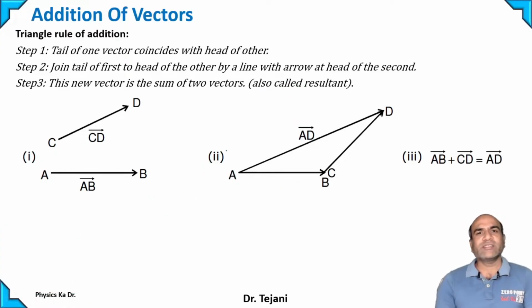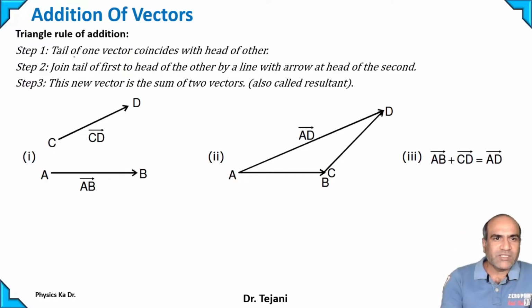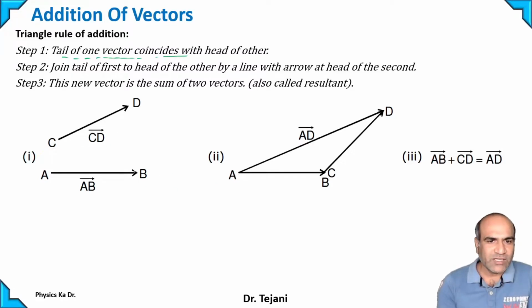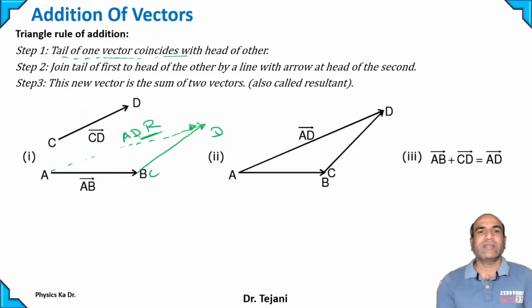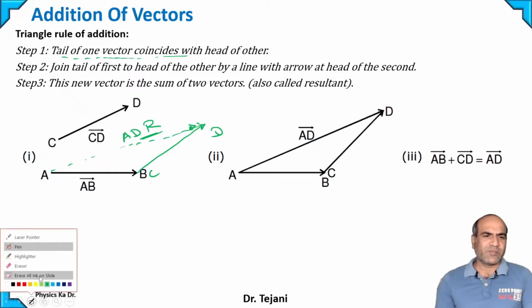So this new vector is the sum of the two vectors. First, we just need to move the CD vector here, so this becomes CD, and this joins the tail with this head, in the direction of the head. So this AD gives the resultant. Very simple.